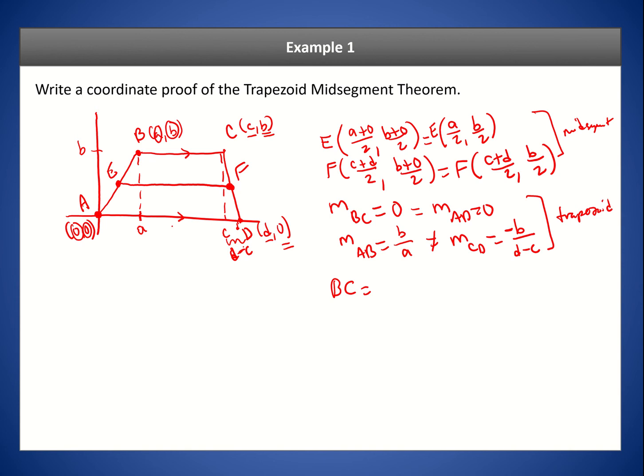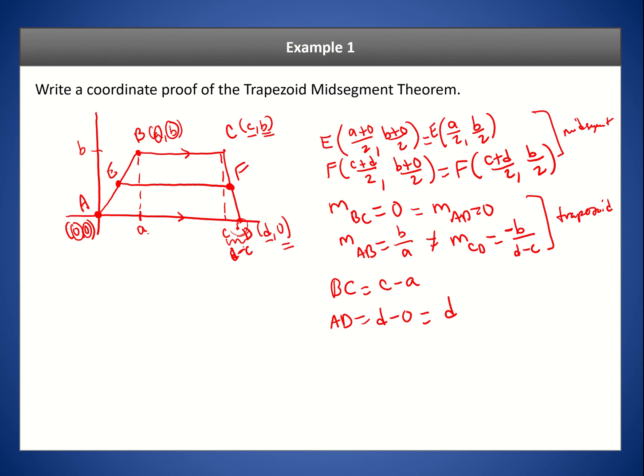So you got to subtract C minus A, and that'll give you the distance between B and C. So you got to do lowercase c minus lowercase a. So if C were 10, A were like 7, they'd be 10 minus 7 or 3. And then let's do the distance from A to D, which is lowercase d minus 0. So AD is just D.